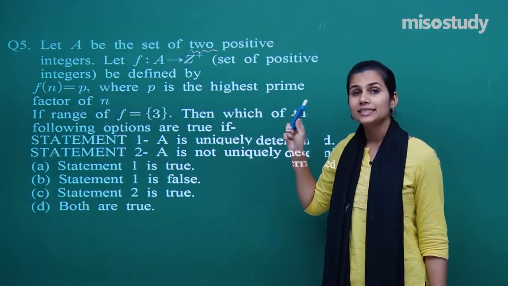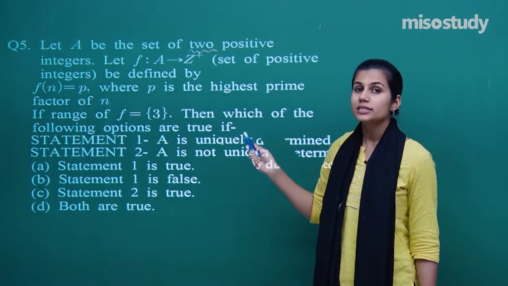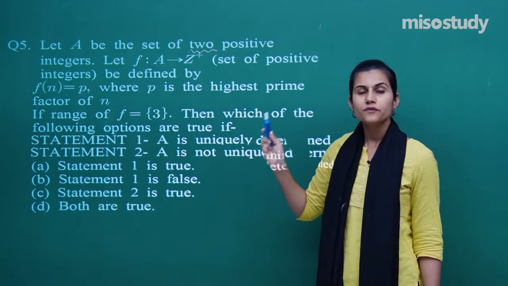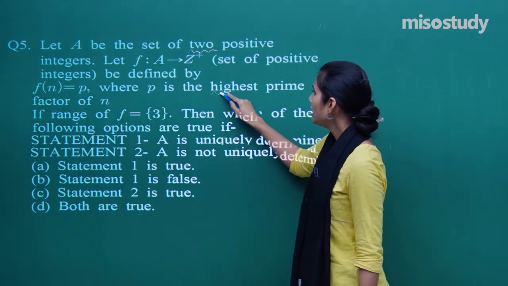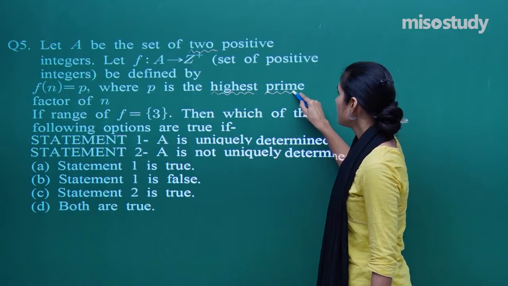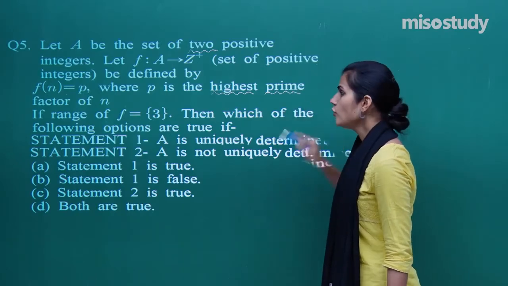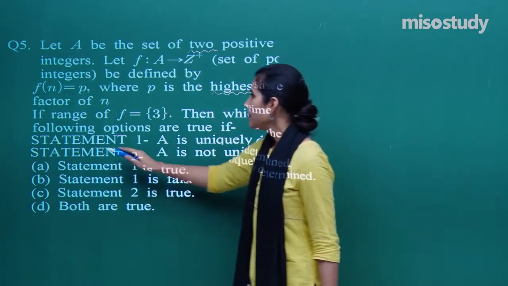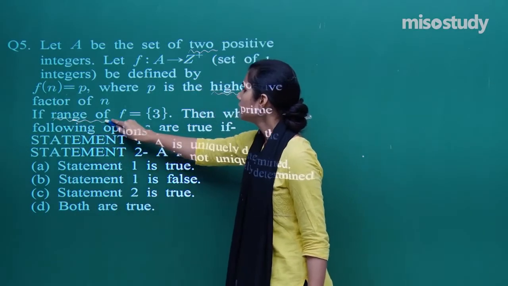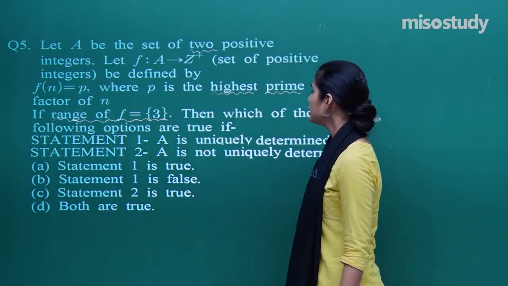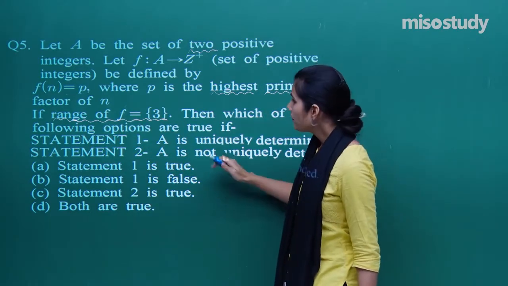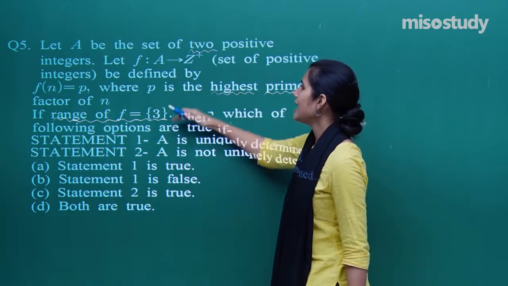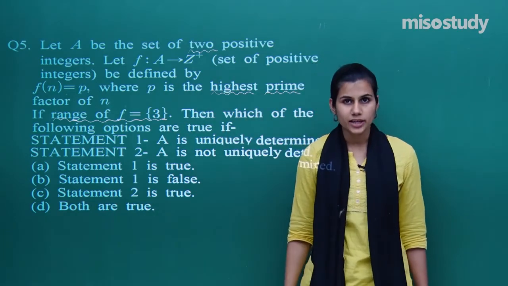First of all, highest, then prime. Also, one more fact is given to us that the range of f is singleton 3. Then the question starts. So, before that, let us understand how the function is behaving.